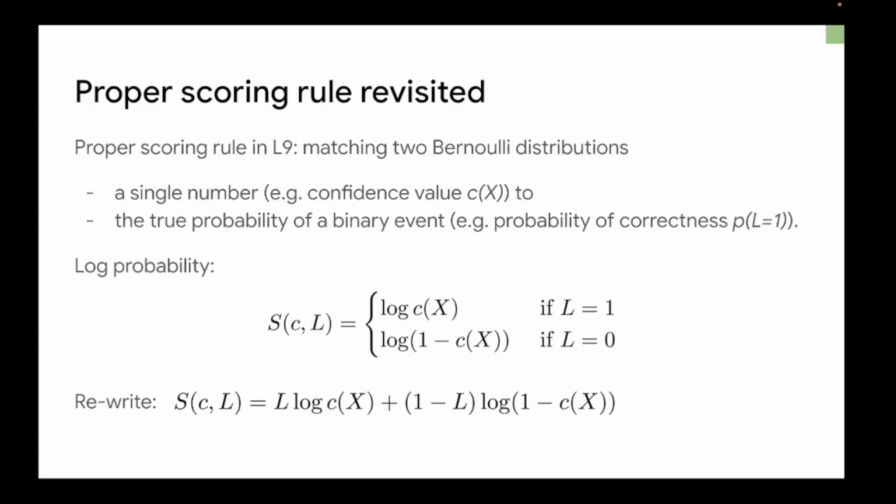There, the log probability scoring rule was basically log of C of x when L is equal to 1, and otherwise log of 1 minus C of x. And we showed that this is identical to binary cross entropy, the negative log likelihood loss function. So by minimizing the usual BCE loss, you're actually encouraging the model to make the right estimation of the predictive uncertainty.